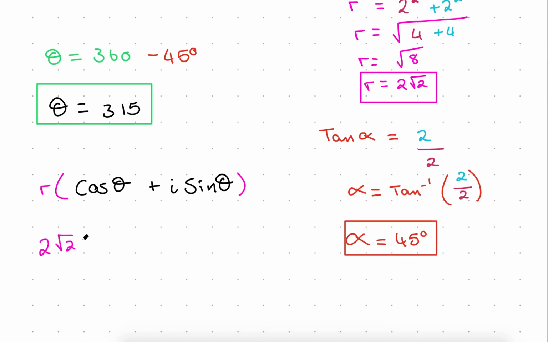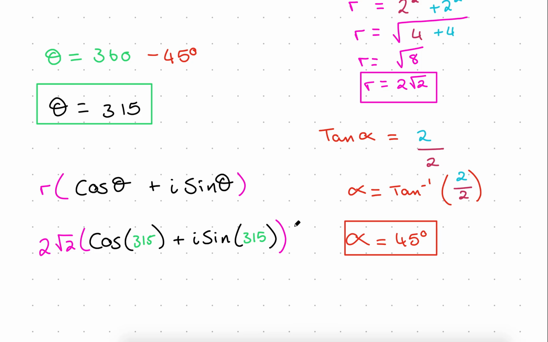So we say 2 root 2, cos of theta is going to be cos of 315 now. So I'm going to put in 315. So cos of 315 plus i sine of 315. So I fill that information in and I close my brackets.